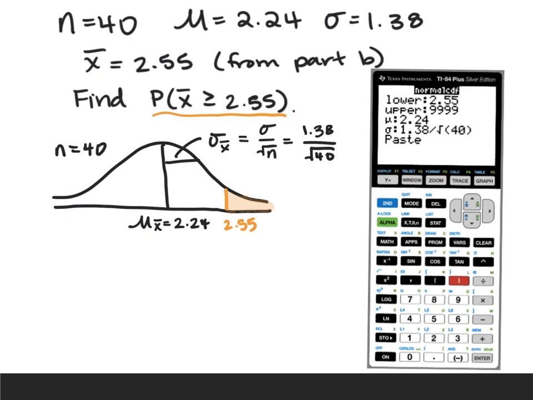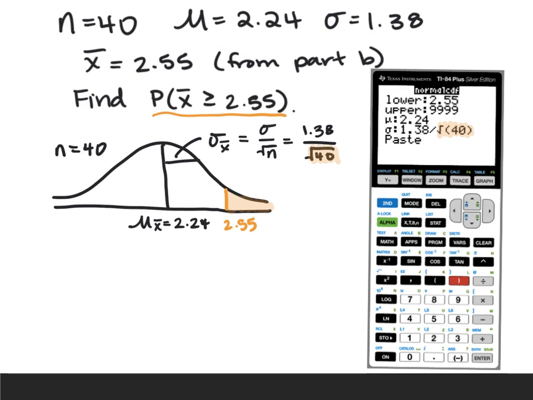And then the number that I'm going up to, the stopping point, the right-hand endpoint, would be my upper. Then I put my numbers in, my mean of 2.24, my standard deviation divided by the square root of my sample size. I made sure that I didn't forget to include that part.